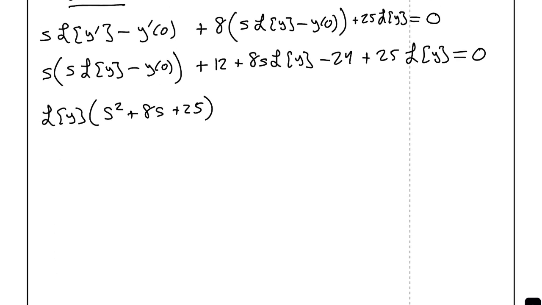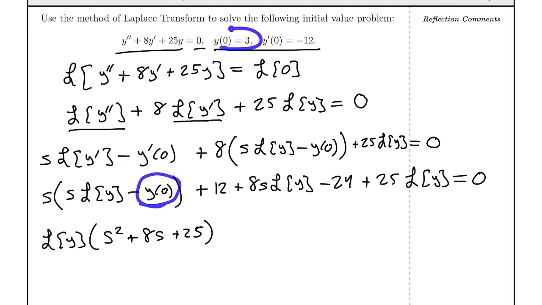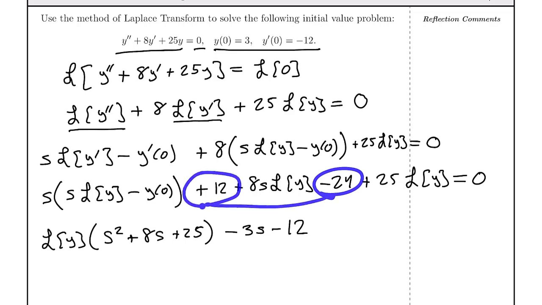And then we have a y of 0, which was 3, and that's negative 3 times s. So we have a negative 3s. Negative 3s minus 12. If we combine negative 24 with positive 12, we get negative 12. And that is now set equal to 0.